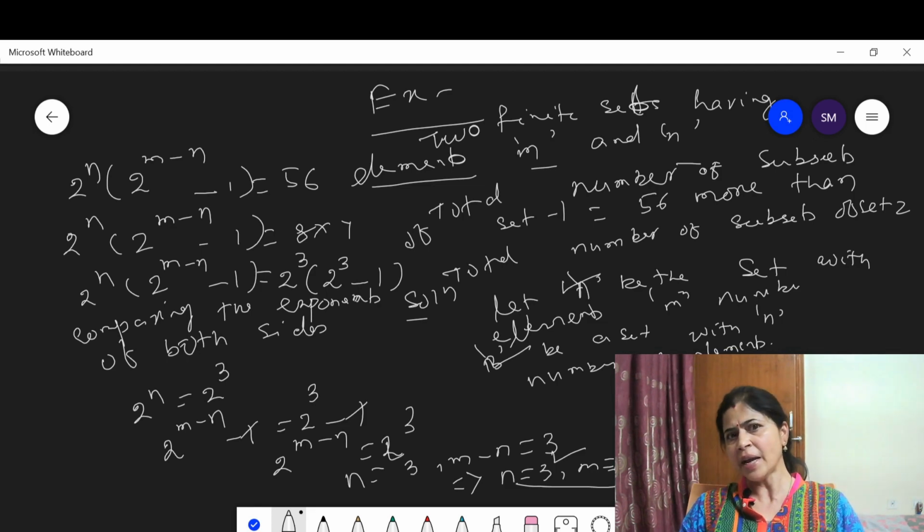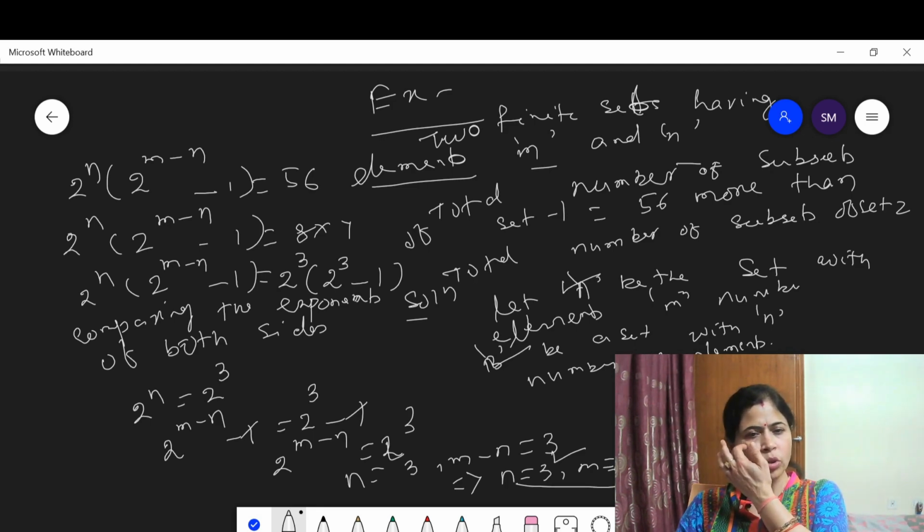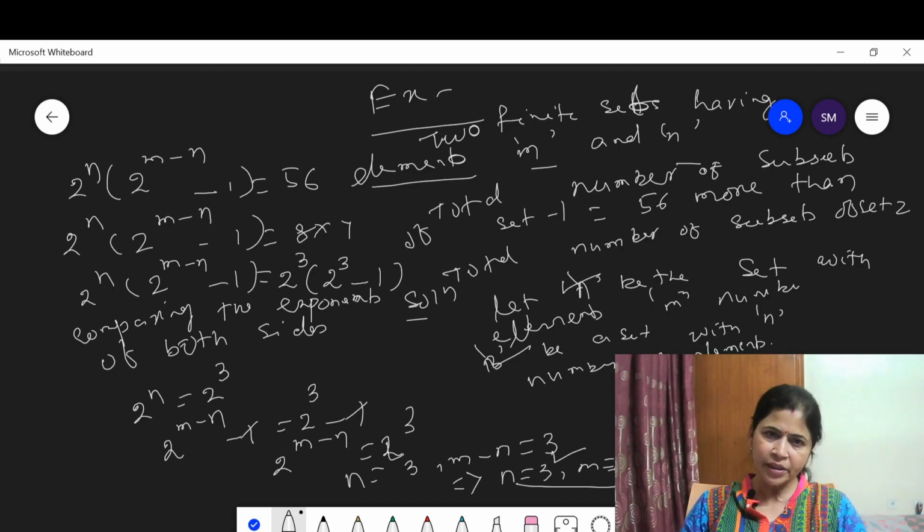Then let n be the smaller and m be the greater number. Taking 2 to the power n common, we get 2 to the power n into 2 to the power m minus n minus 1 is equal to 56. 56 can be written as 8 into 7. In place of 8 we can write 2 to the power 3, and in place of 7 we can write 8 minus 1, which is 2 to the power 3 minus 1.